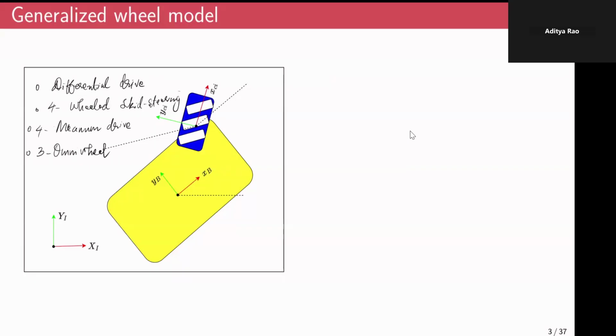Then there are further applications, like a tricycle-like case. You can also have a 4 or 2 swerve drive configuration.